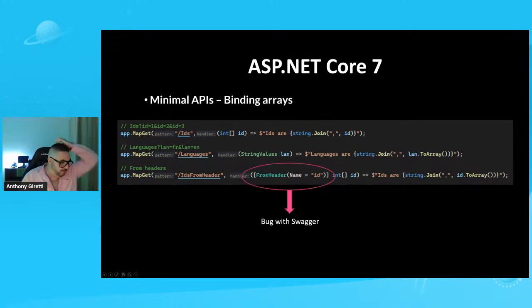It's also possible to use another kind of parameter. It's not an array itself, like an array of int for IDs. You can use StringValues. StringValues is a struct that carries any collection of items from the URL.